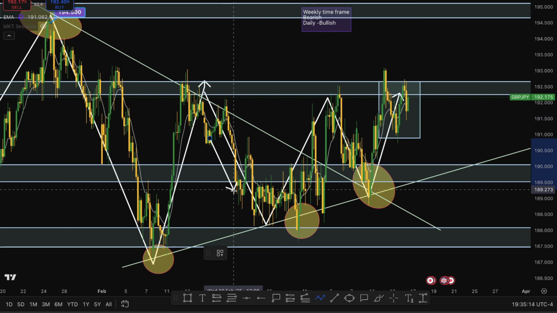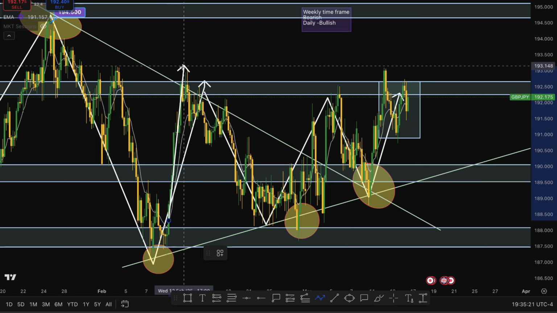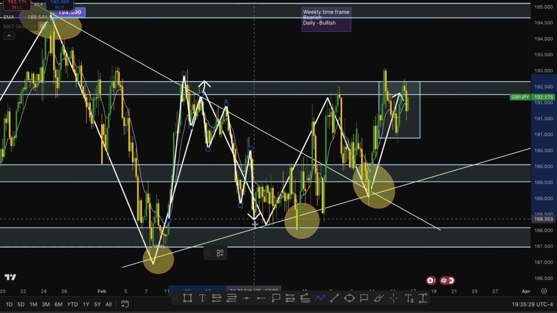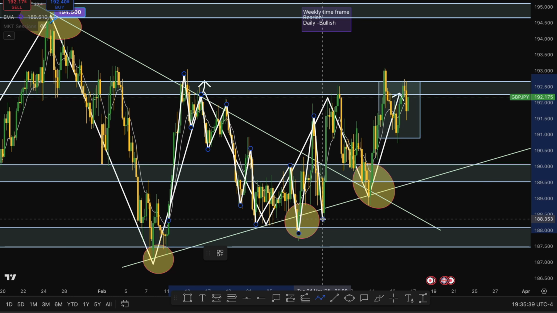Okay, so we saw price, let me start here. Lower high, lower low, lower high, lower low, lower high, lower low. Price came here, lower high, lower low, broke above completely, came back into the area to test it, created a new higher high.